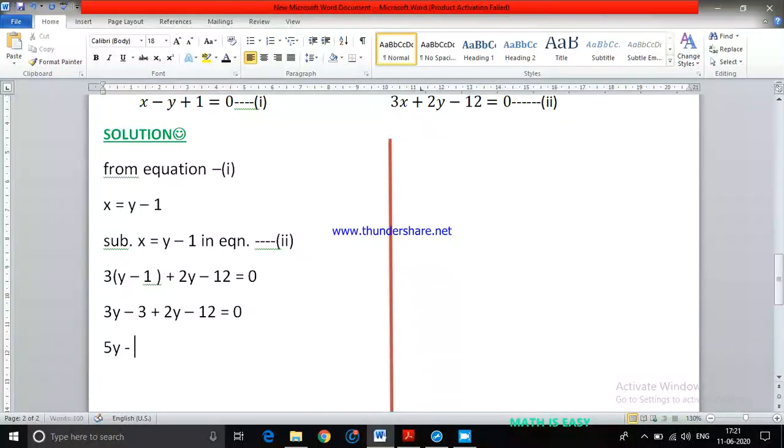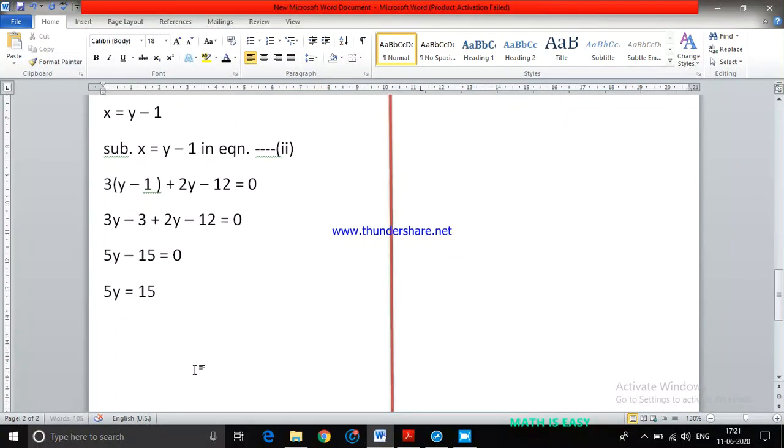Minus 3 minus 12 is minus 15, equals 0. Then you can write 5y equals 15. If I send 15 to the right side, then I'll get y equals 15 upon 5. Therefore, finally y equals 3, because 15 gets cancelled 3 times with 5.